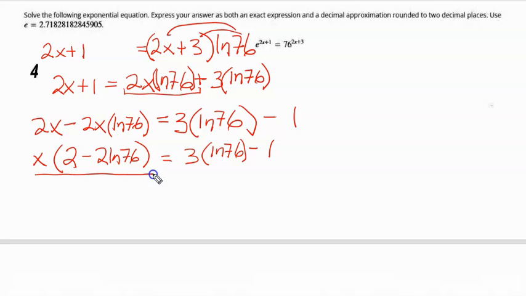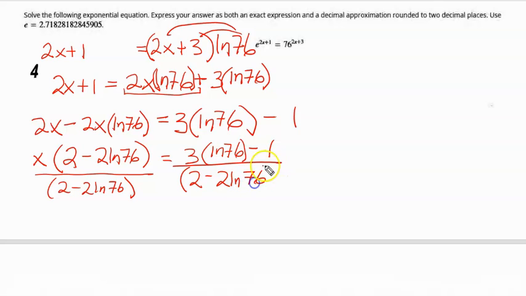Well, we're going to divide this side by 2 minus 2 natural log of 76, and this by 2 minus 2 natural log of 76. Now, this would be the exact answer. What is the approximation of this? Put this in your calculator and see what you get.